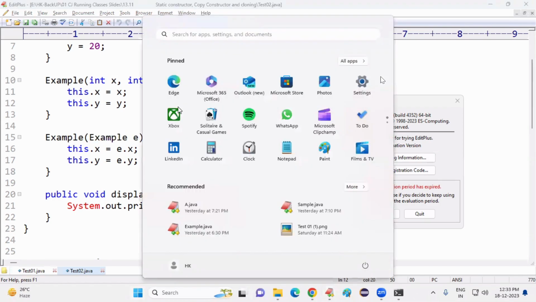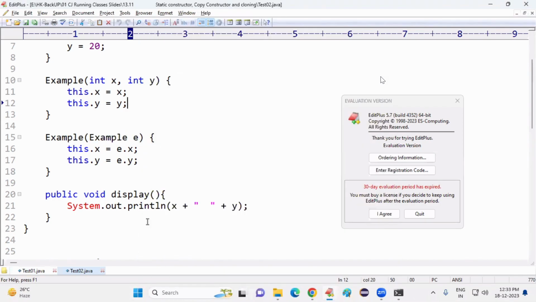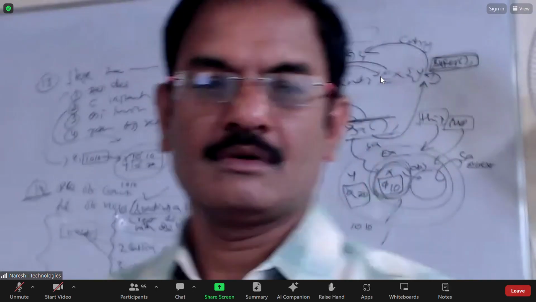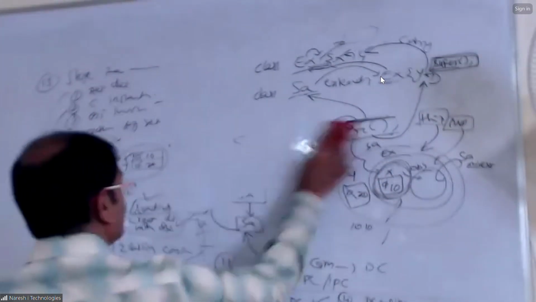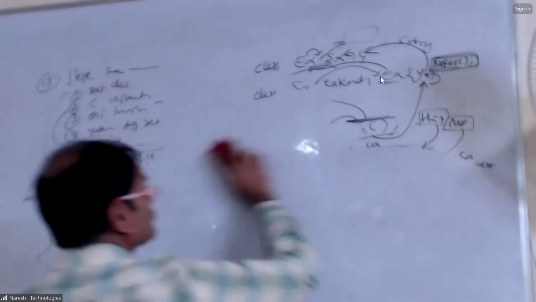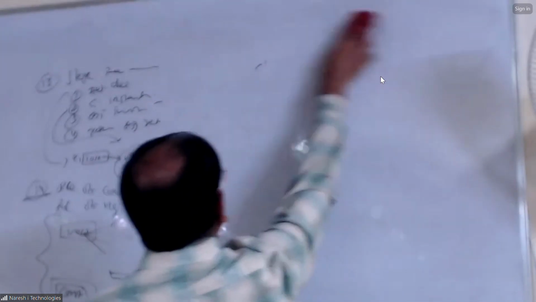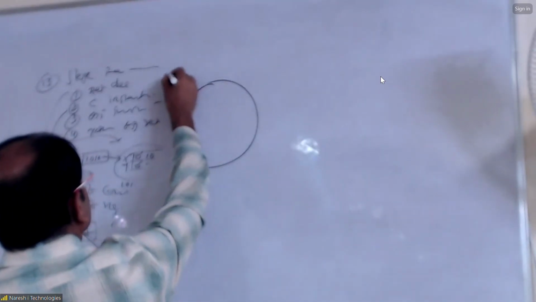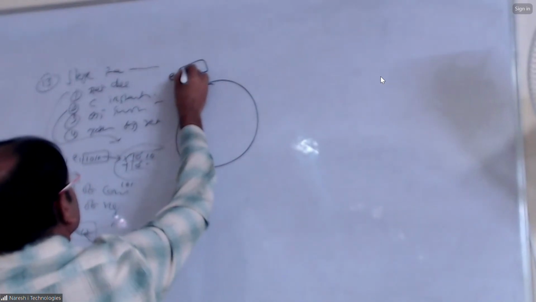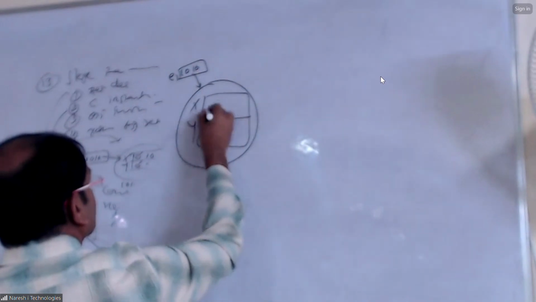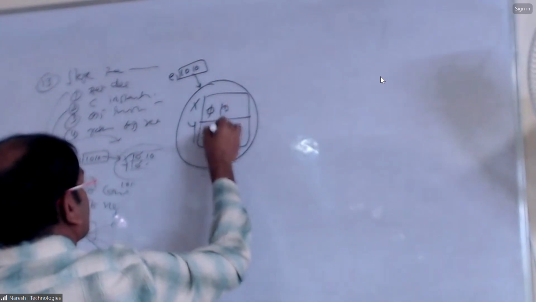Okay, look at the small diagram here, I'll explain. I already have one object. This is the E1 object, reference is 1010, containing x variable and y variable. 0, 0 replaced with 10, 20.